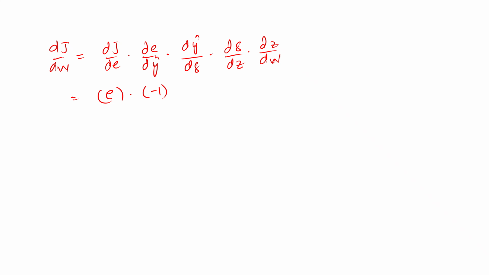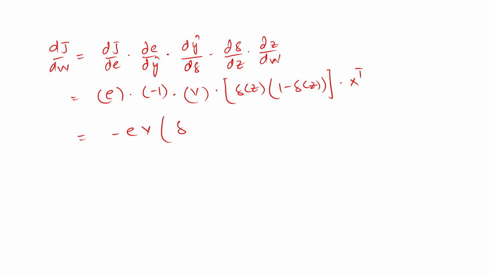And dy hat by d sigma was v. The derivative of the activation function was sigma of z times (1 minus sigma of z), and dz by dw was x transpose. So we obtain minus e v sigma of z (1 minus sigma of z) x transpose. This is the final equation.